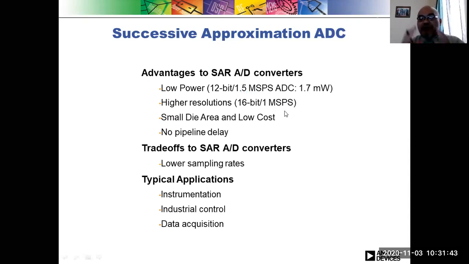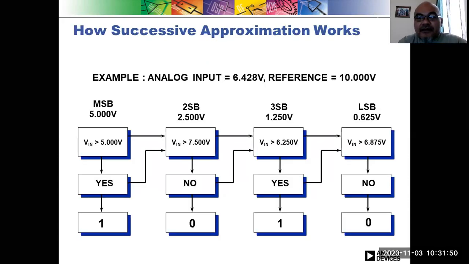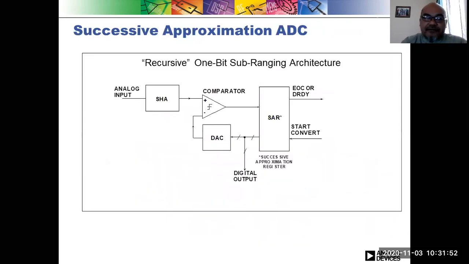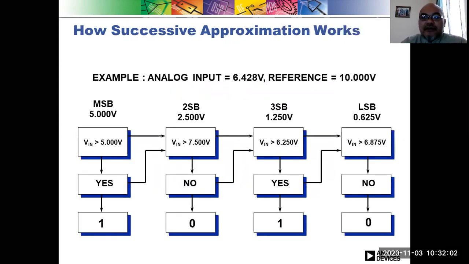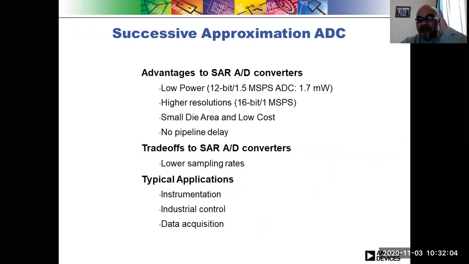And in terms of fabrication, you only require a register, the DAC, sample and hold, and then a comparator. So quite few subsystems. Then you do not require a large die in terms of chip.